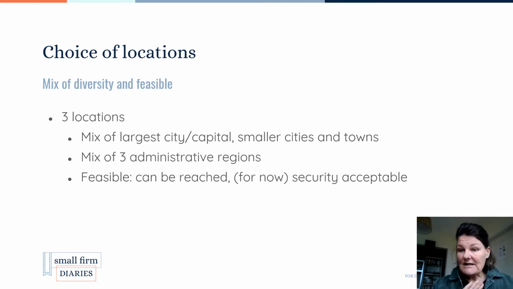And we wanted as much of a spread across regions as possible. So we chose 3 regions, and of course it had to be feasible. Particularly, we looked at current security levels and whether it was possible to travel between the areas easily and fast.